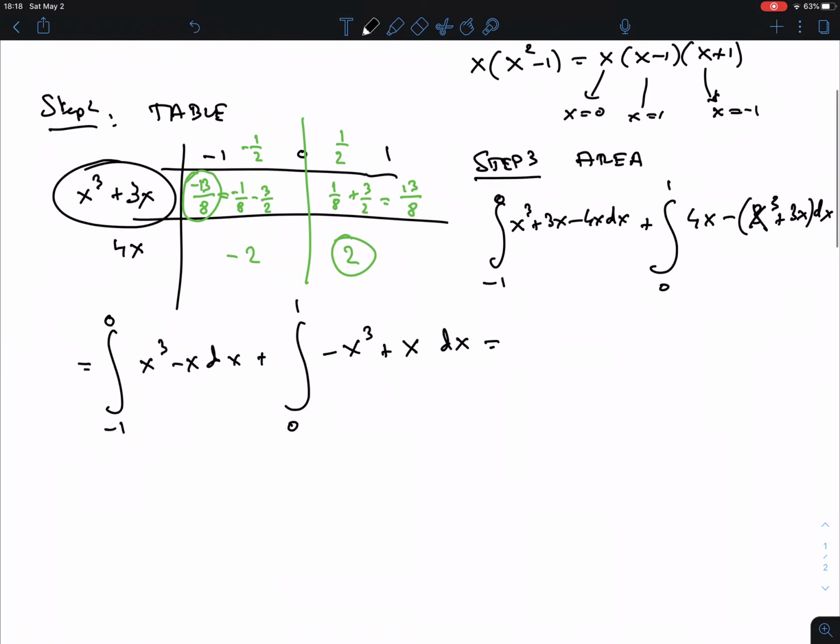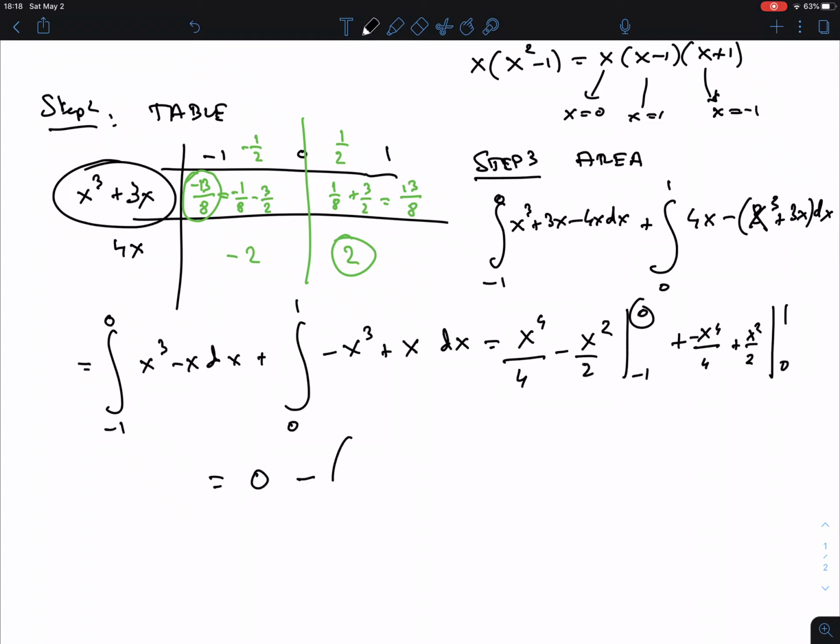Okay, quickly: the antiderivative is x to the 4th over 4 minus x squared over 2 between minus 1 and 0, plus minus x to the 4th over 4 plus x squared over 2 between 0 and 1. Oh, I just copied the thing here instead of integrating it. Okay, so of course that is the same. Okay, we plug everything in. This is the top point, so we plug in 0 first.